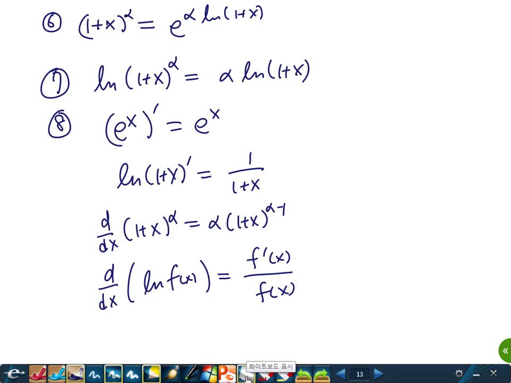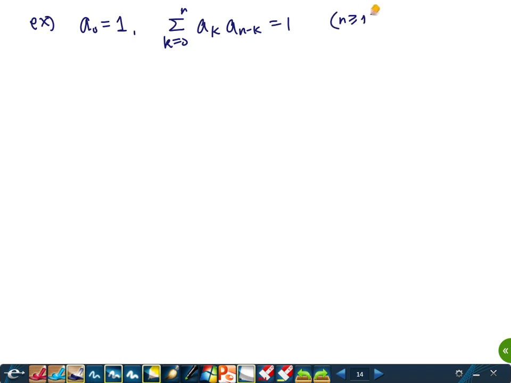Okay. Now let me show you one example of finding a formula. Suppose we have a sequence given by this recurrence relation, with a_0 equal to 1.